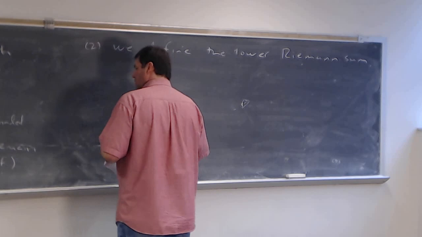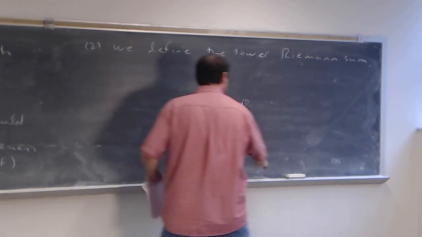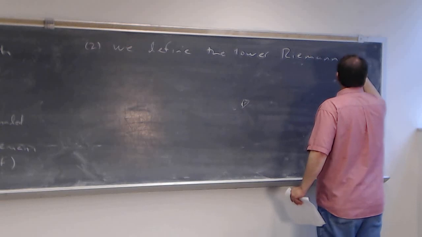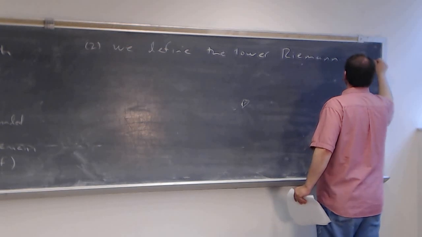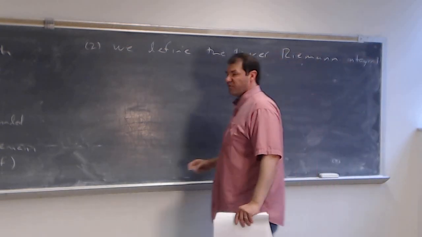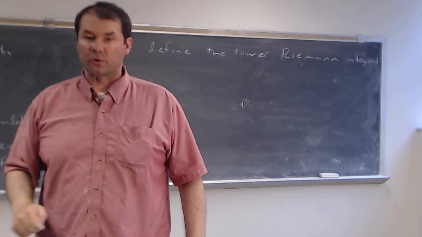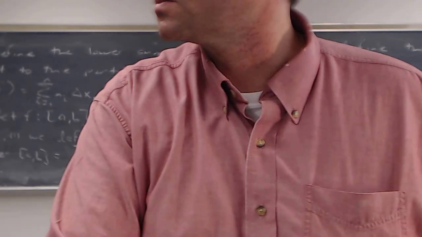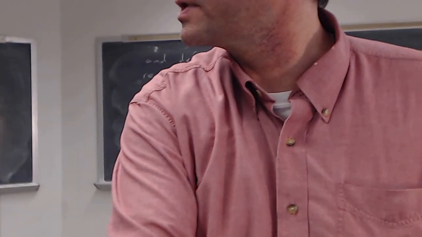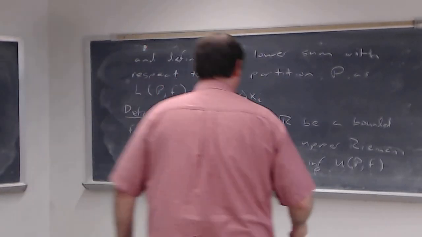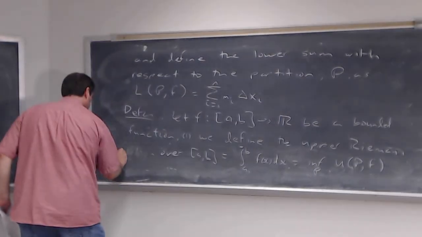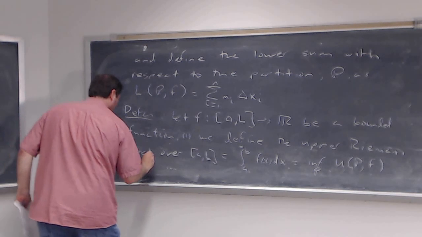I'm sorry, I said lower Riemann sum, but it's called the lower Riemann integral. I made a mistake. And before, for the upper one, it should be the upper Riemann integral, not upper Riemann sum. Sorry.